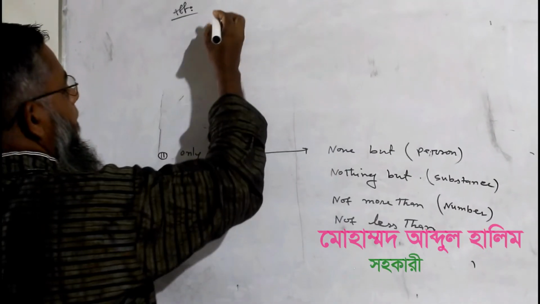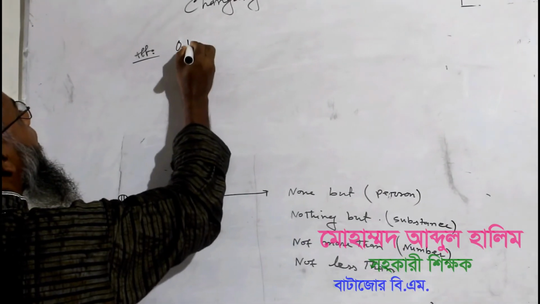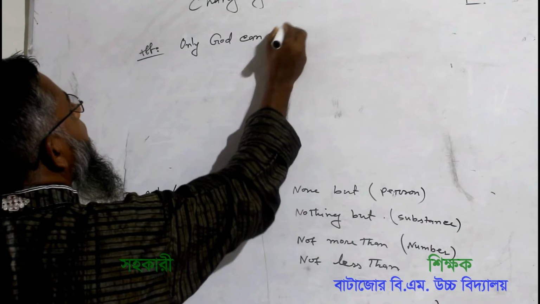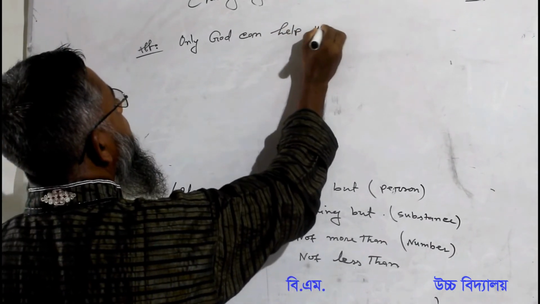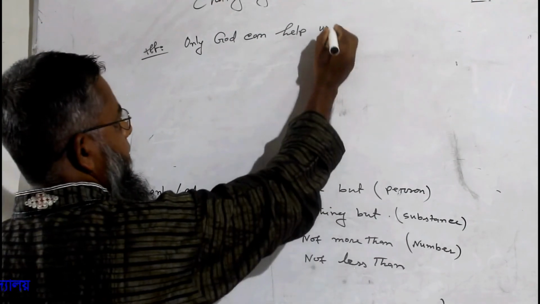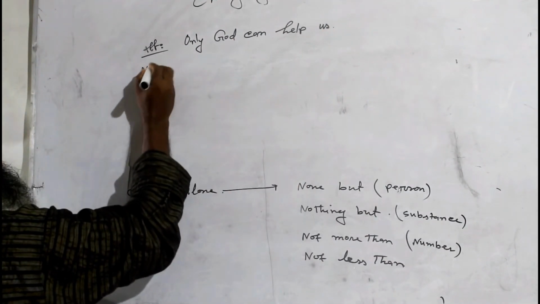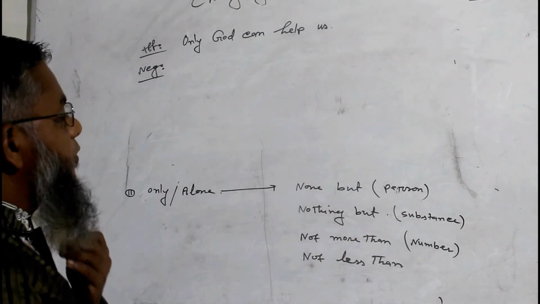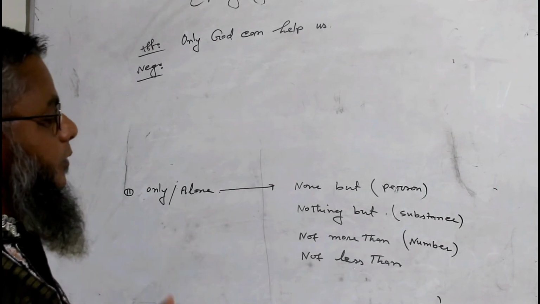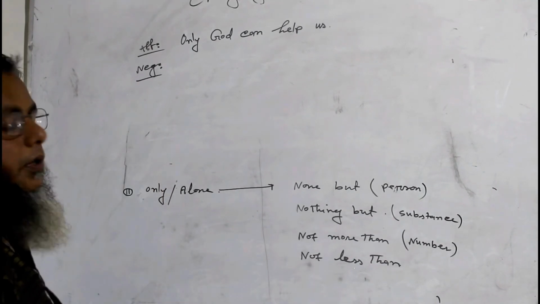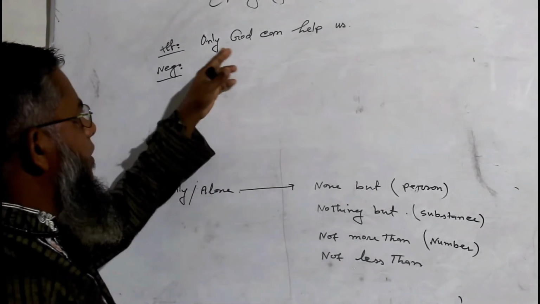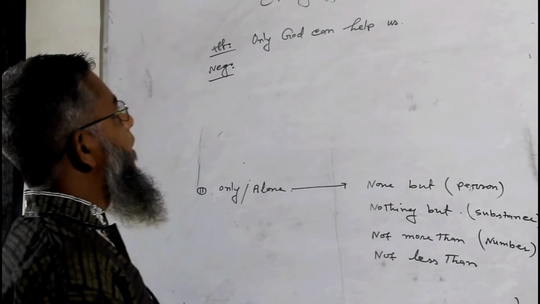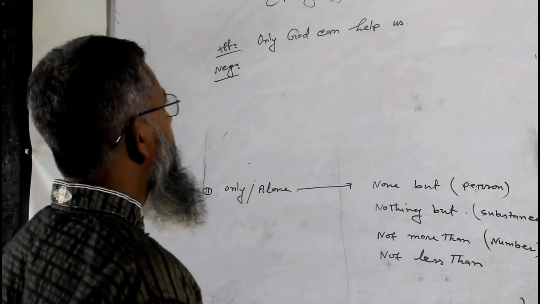Affirmative: Only God can help us. If we try to change it into negative sentence, we have to use none but or nothing but or not more than, not less than instead of only. Here you see that God is actually the representative of a person.